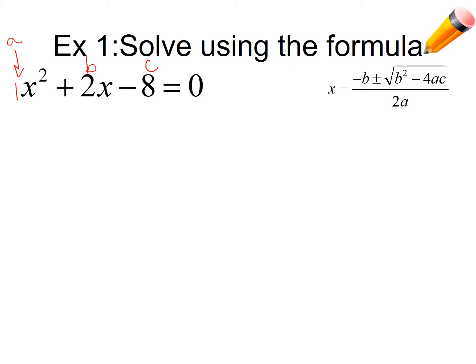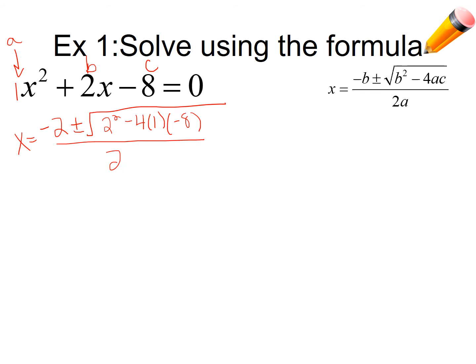So x is going to be equal to negative 2 plus or minus the square root of 2 squared minus 4 times a, which is 1, times c, which is a negative 8, all over 2 times a. Let's simplify what's underneath the radical first.